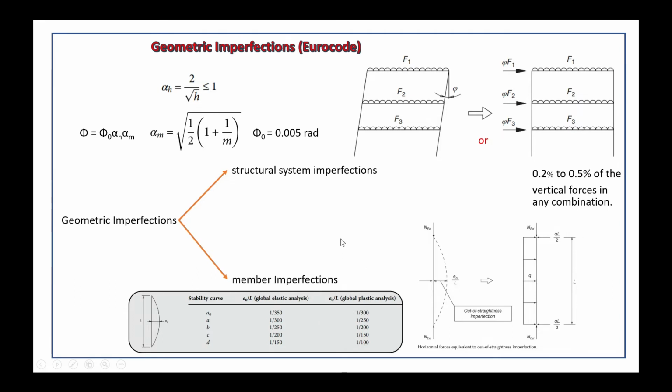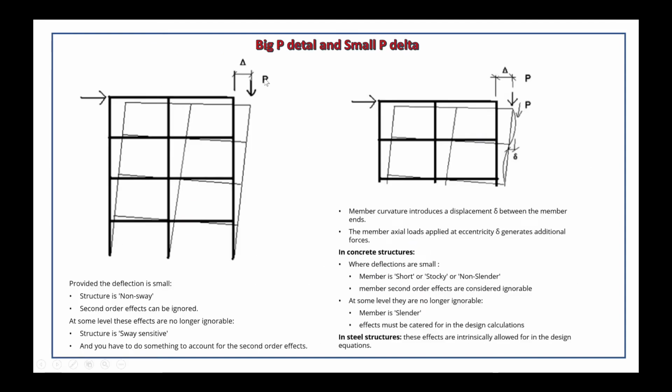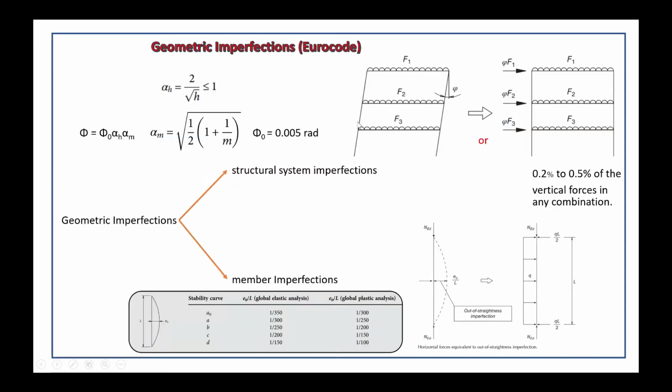We can apply L over 400 for the member imperfection, or you can use an equivalent load to find the initial bow of the member. So you have to remember the two different options you can use to calculate big P delta: based on the actual formula, or by using notional load.